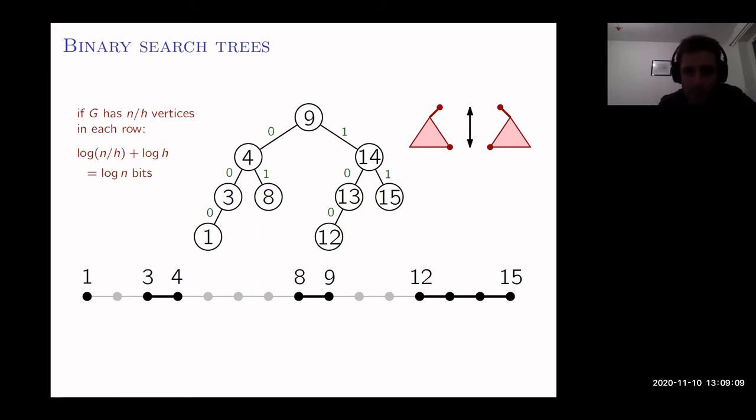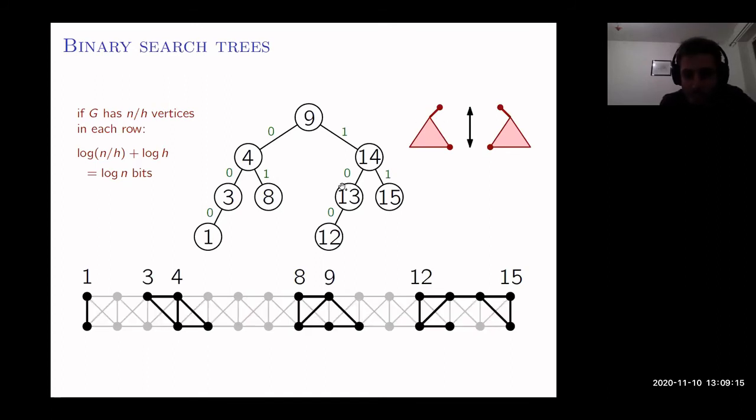So everything works as planned, except that we have a problem, which is that in the previous scheme, where we had the vertical coordinates and the horizontal coordinates, 4 in a row knew that it was also 4 in the next row. I mean, 4 knew that it was 4, and 4 knew that it was 4. But now vertices don't know their name. They don't know anything about their name.